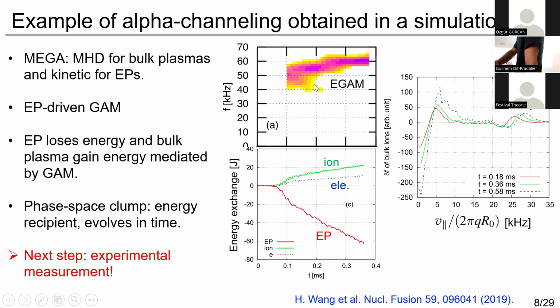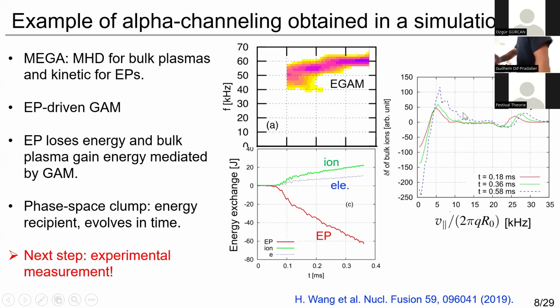And once the energetic particle driven gamma appears, the bottom plot shows the energetic particles lose energy and ions and electrons gain energy. So this is energy exchange between bulk plasma and energetic particles mediated by gamma, mediated by wave. This is one example of energetic particle channeling.